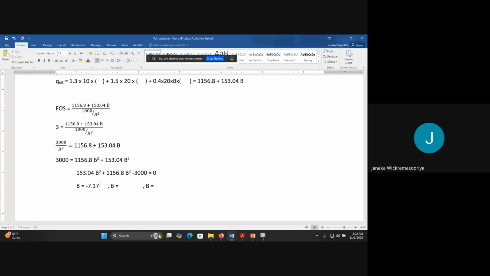The next one, that should be meters, all the values were selected in SI units, is minus 1.85, and the next one is 1.47. So these are the values that I got.